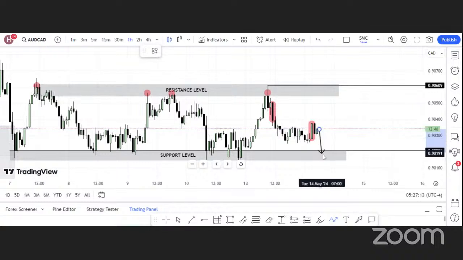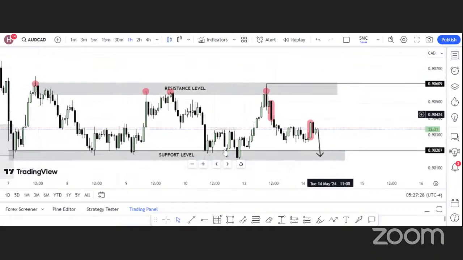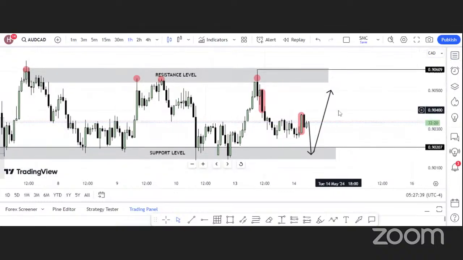So when the market sells to this point, where do you think the market is going to turn to? This is a support level. So when the market gets here, the market would buy. Right?